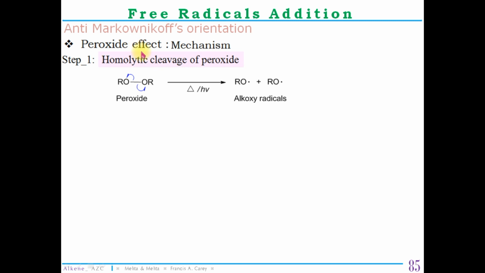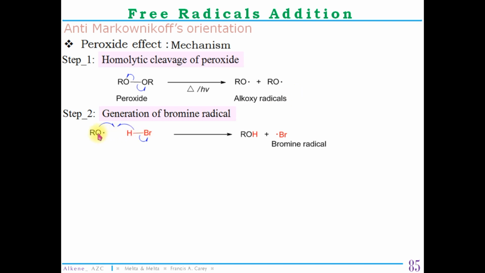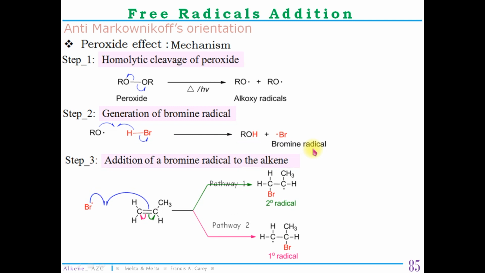Mechanism of peroxide effect, where first is homolytic cleavage of peroxide which gives alkoxy radicals. In second step, alkoxy radical reacts with hydrogen bromide which liberates bromine radical. Third step, in this step, bromine radical reacts with alkene.